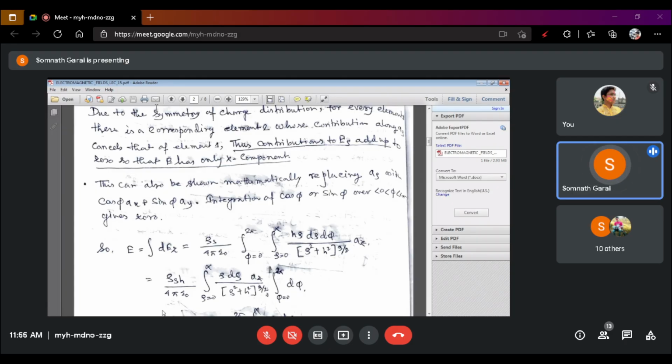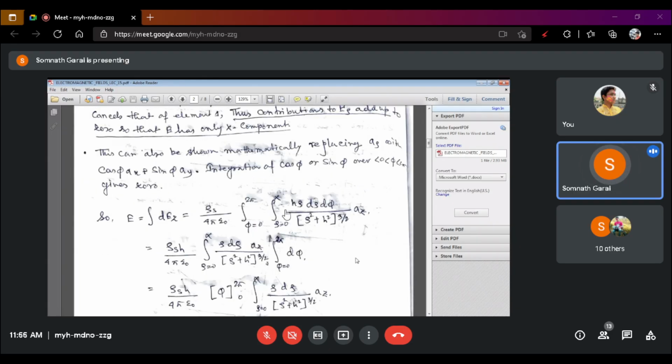That's why E equals the integration over phi from 0 to 2 pi, integration over rho from 0 to infinity, of h rho d rho d phi divided by (rho square plus h square) to the power 3 by 2 into a z. Right? That gives the total electric field intensity.